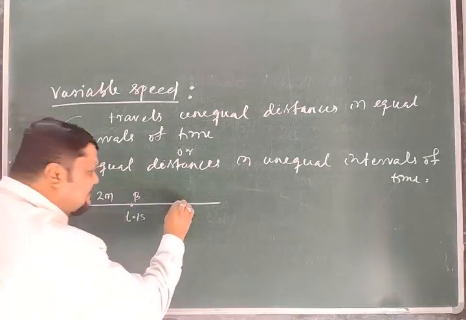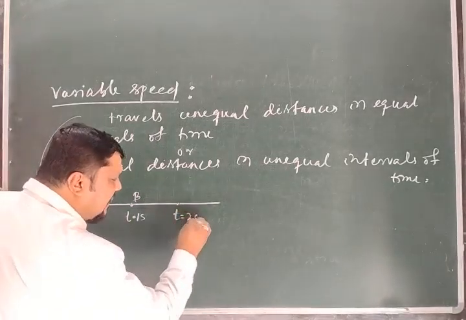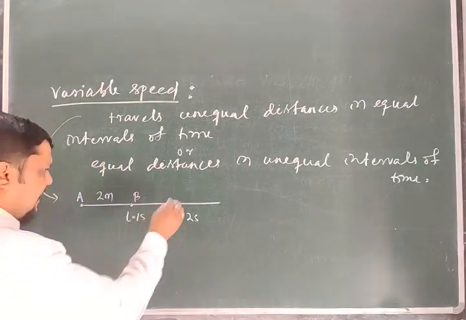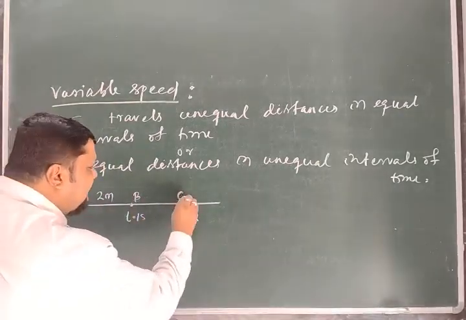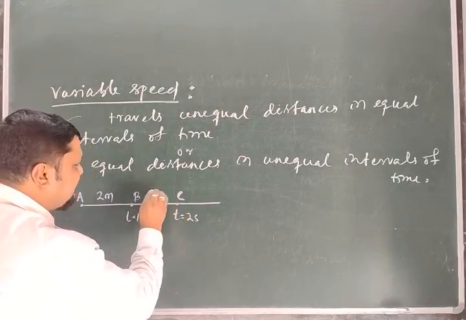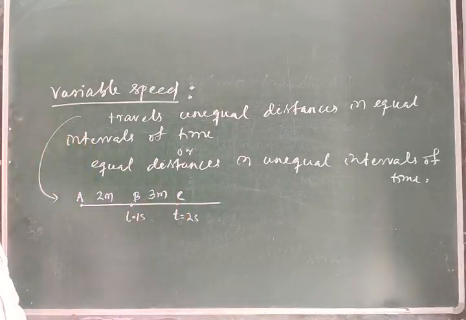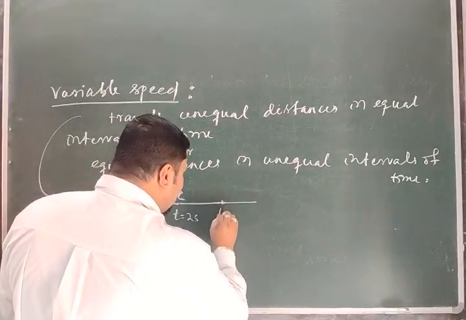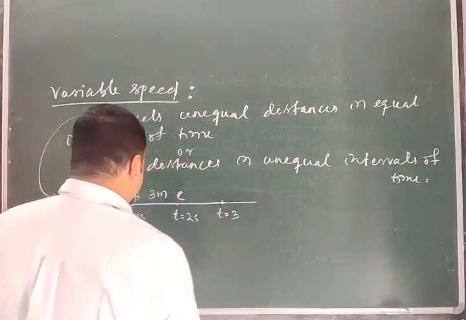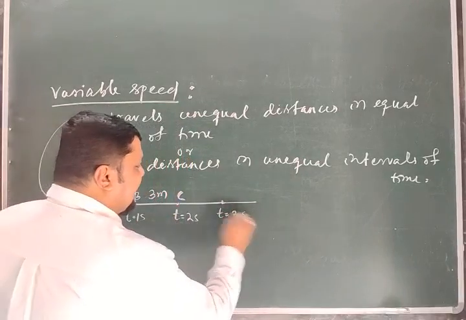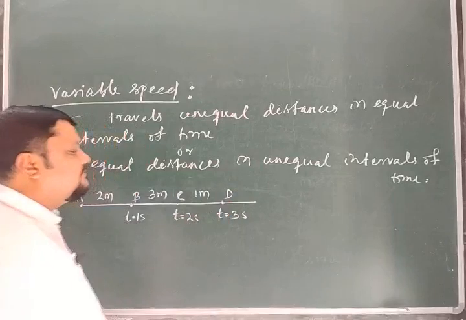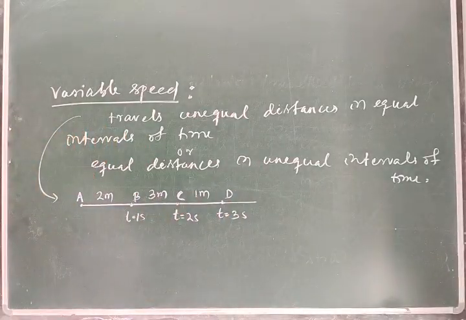Then at t equal to 2 seconds, I find the particle is at C, and from B to C the distance traveled is suppose 3 meter. Then at t equal to 3 seconds, the particle is at D, it covers 1 meter from C to D.